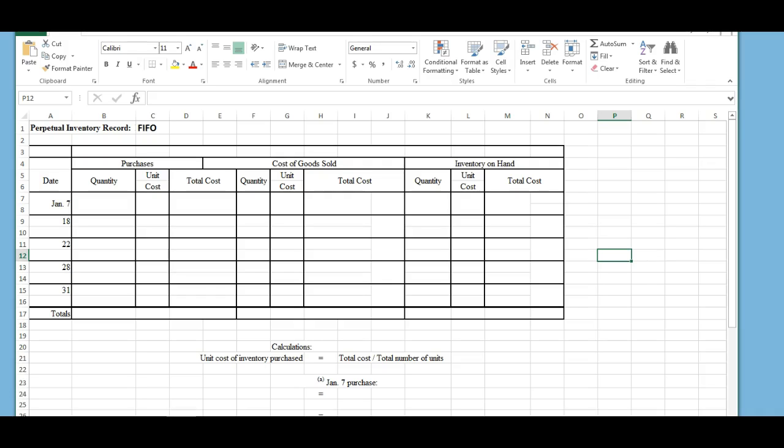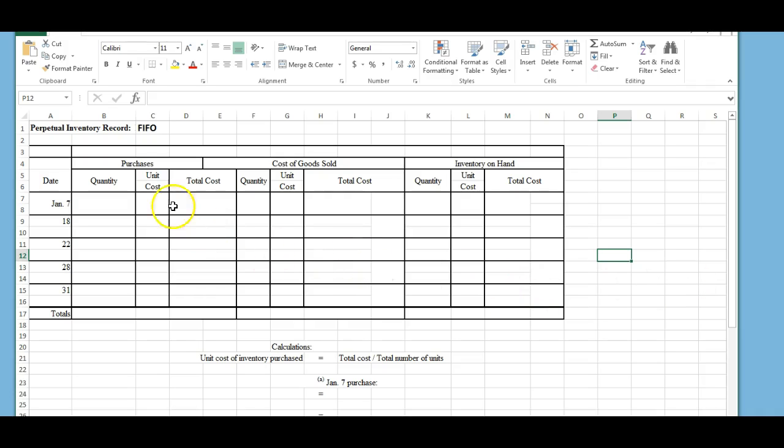In requirement 1, you're going to do a calculation for your FIFO. Again, you want to review the video that I posted for how to do FIFO, first in, first out. But I do want to point out a couple of things that are different from the FIFO calculation before.